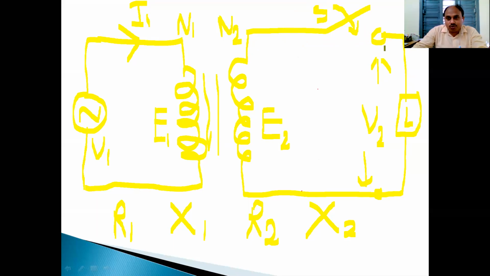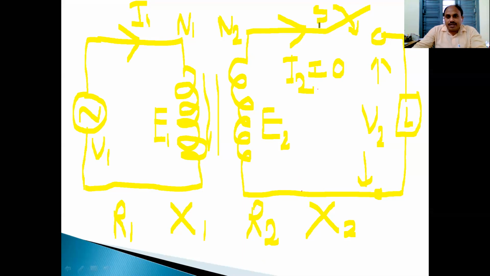That means the circuit is open circuit, so I2 equals 0, because there is no load. The current in the secondary coil equals 0.